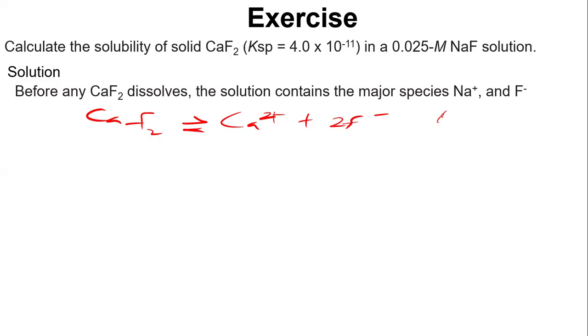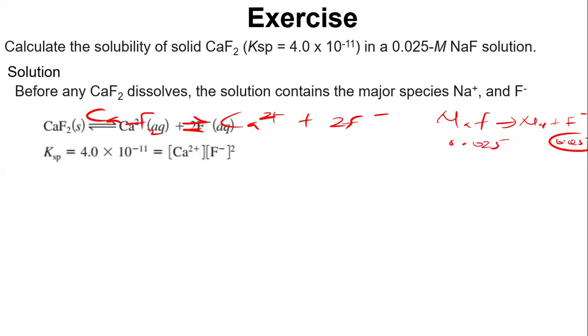Now, the sodium fluoride will dissolve completely to give me sodium ions plus fluoride ions. The sodium ions will not be necessary in the common ion effect calculation because it has no common ion here, but the fluoride is here. So if it's complete dissociation, 0.025 would give me 0.025 here. So this is the contribution of fluoride ion coming from here.